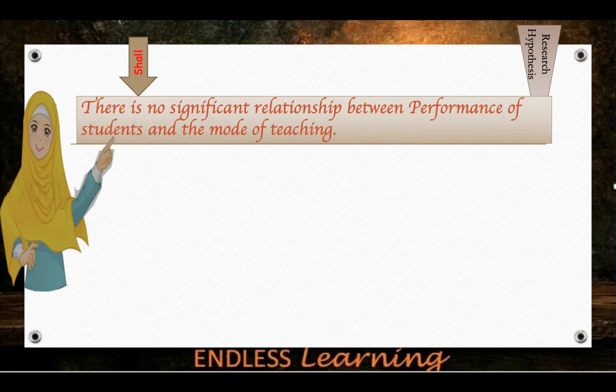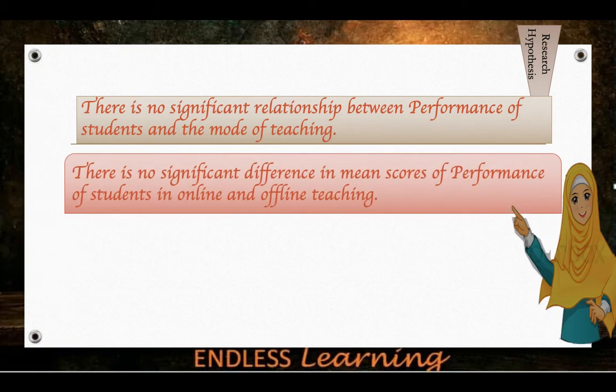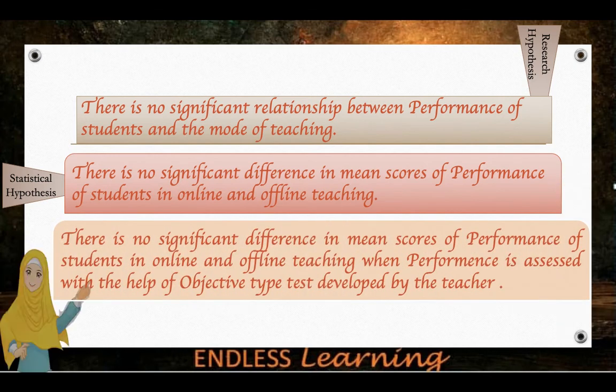The next type is the statistical hypothesis, and its wording is like this: there is no significant difference in the mean scores of the performance of a student in the online and offline teaching. And the third is the operational hypothesis, worded like this: there is no significant difference in the mean scores of the performance of the students in the online and offline teaching when the performance is assessed with the help of the objective test developed by the teacher.